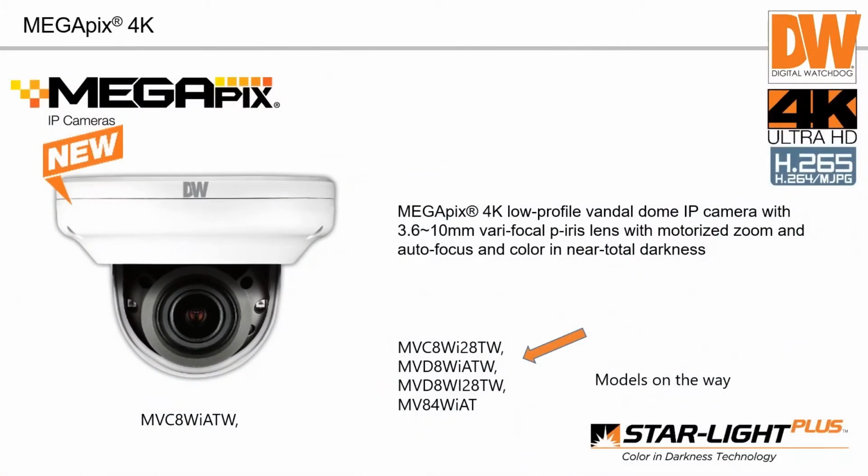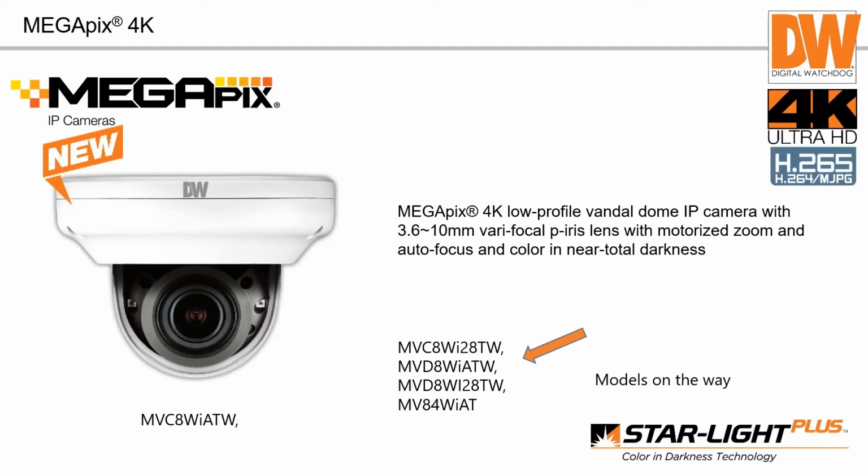So first off, when we talk about the cameras, this one is a low-profile camera. It's actually smaller than our standard domes. It's a little smaller than what we call our MF dome cameras. This particular model is a 3.6 to 10 millimeter varifocal P-iris lens. It's got true wide dynamic range.